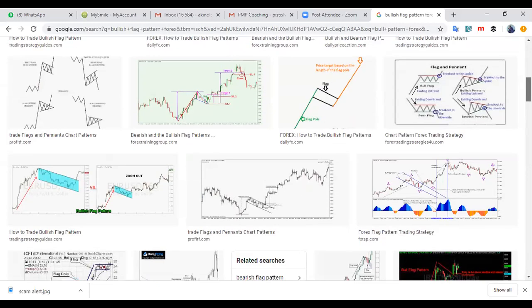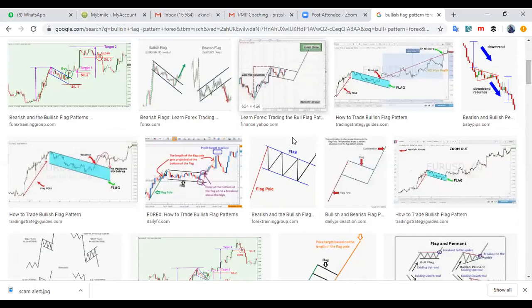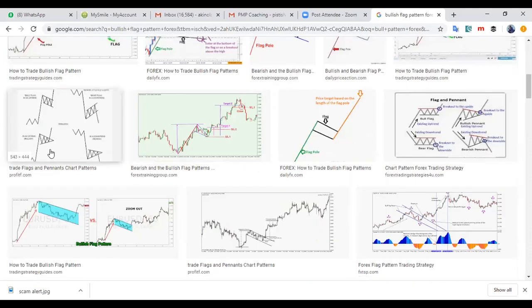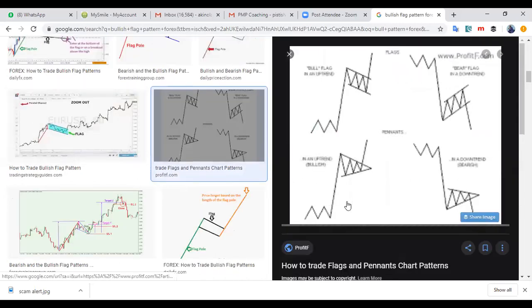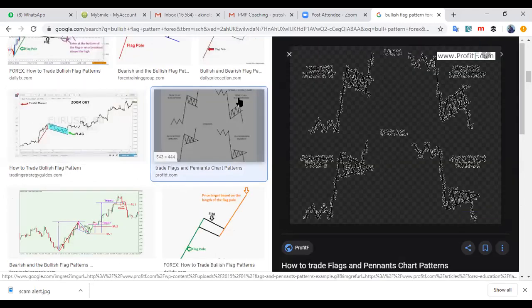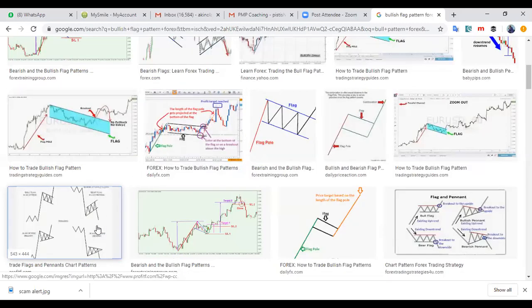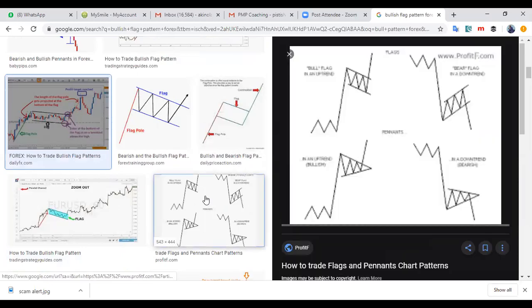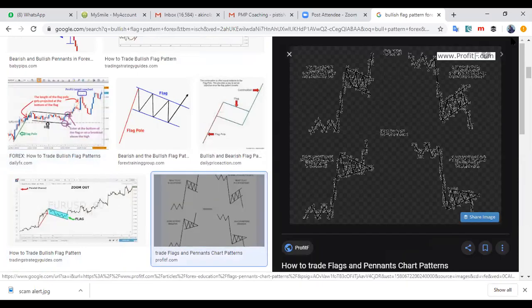So it could be a consolidation like this, or it could be a triangle like this. What you should pay attention to is the fact that, where's this thing again? Okay.